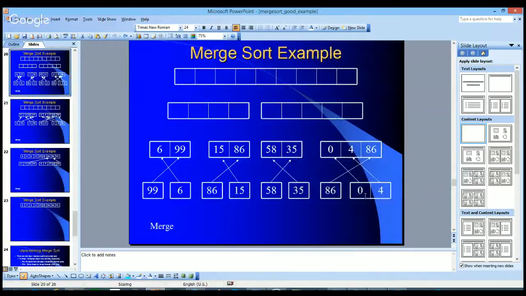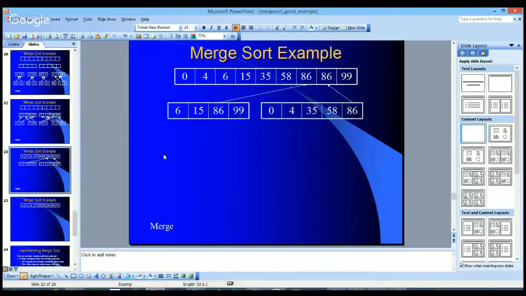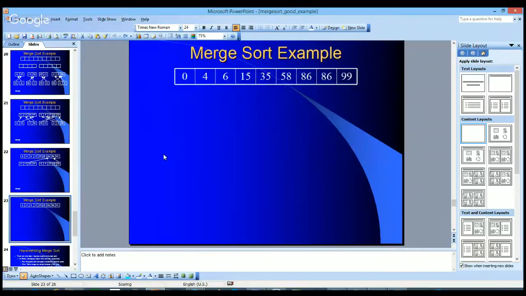Then it again compares each element with the other one at a time and sorts them in ascending order. This process continues and it merges up one level at a time until it reaches a single list level where all the elements are sorted. So this is how MergeSort works.